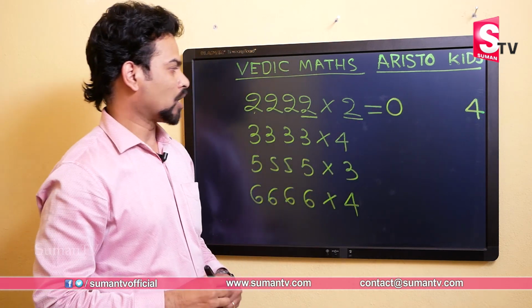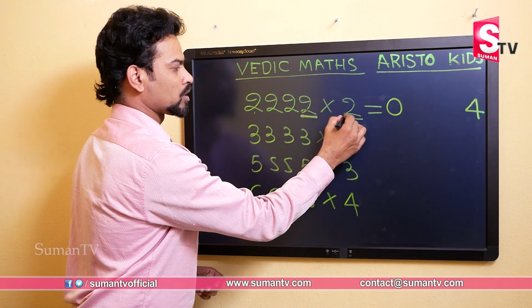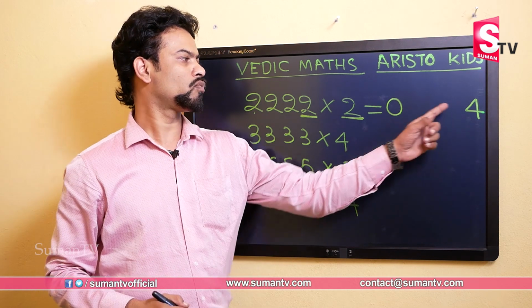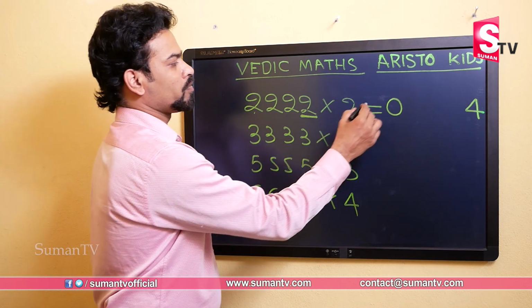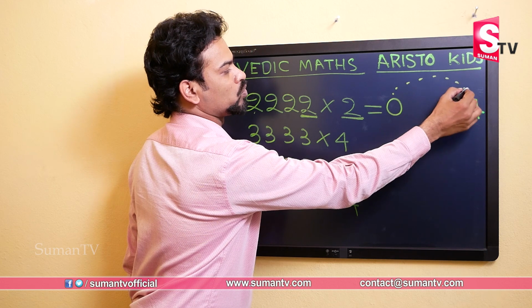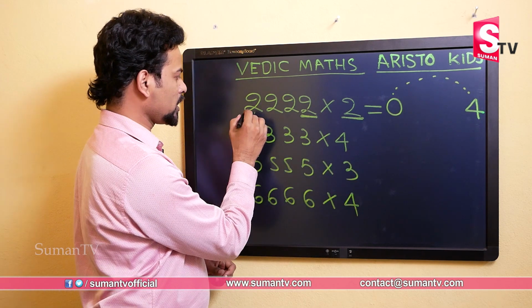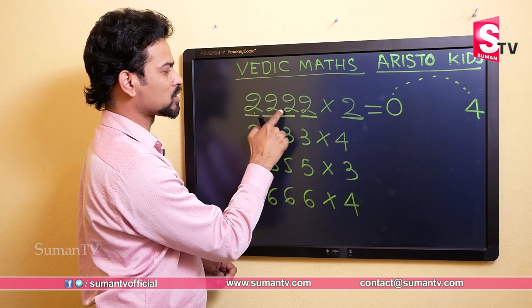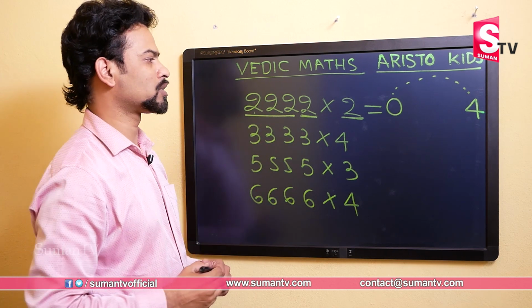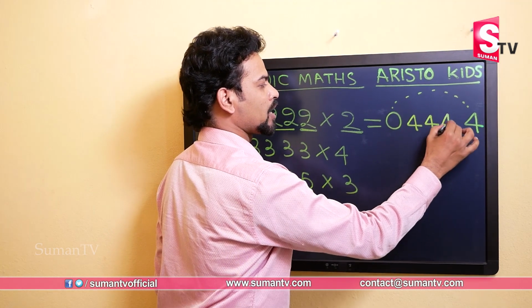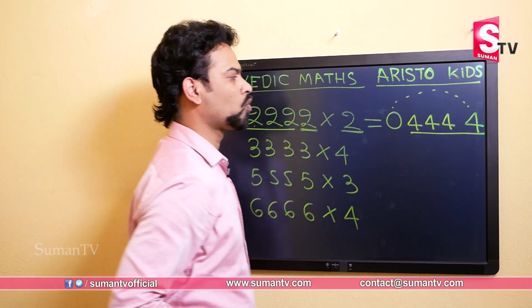Now we add these two digits, 0 plus 4, that is 4. And how many digits are left here? 3 2's are left. So we will simply put 3 4's here, and the answer is 4444.